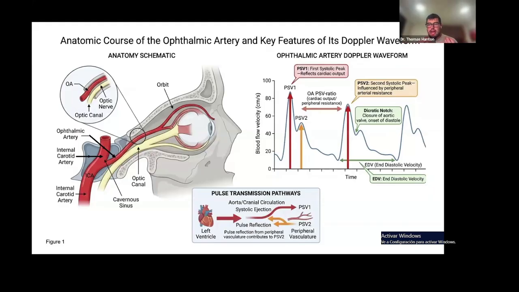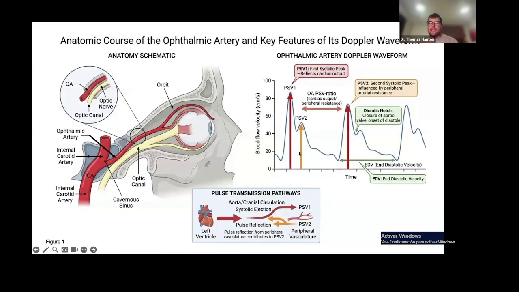When the blood gets ejected into the aorta and into the legs, it will hit smaller blood vessels, and it will cause that pressure to rebound back up to the heart and then up into the cranial circulation. So in some ways, this first peak gives us a little bit of an idea about cardiac output. It's not a direct measure of cardiac output, but it's correlated to it. And the second peak is more a resistance measurement.